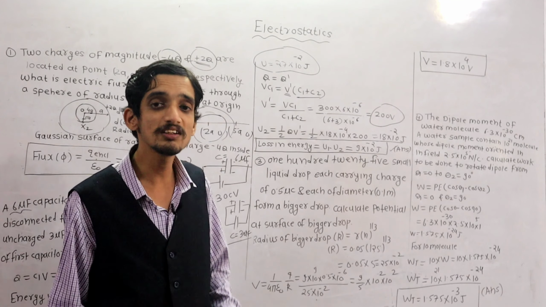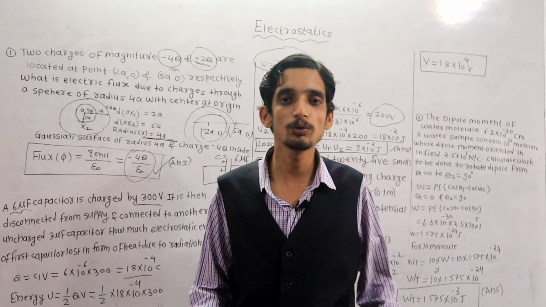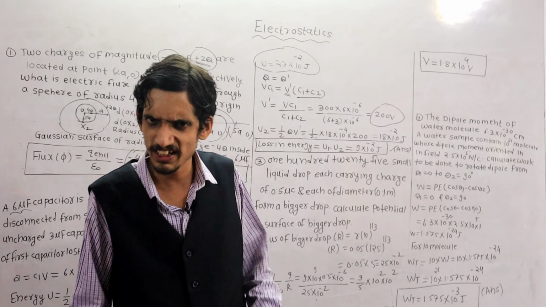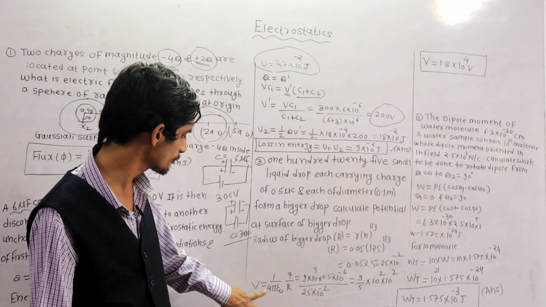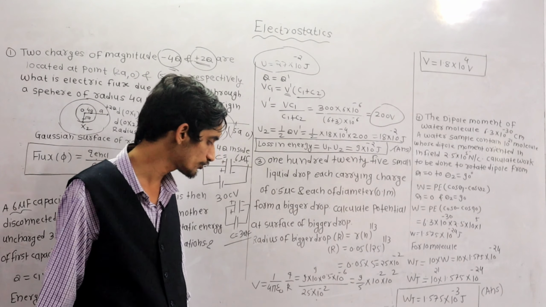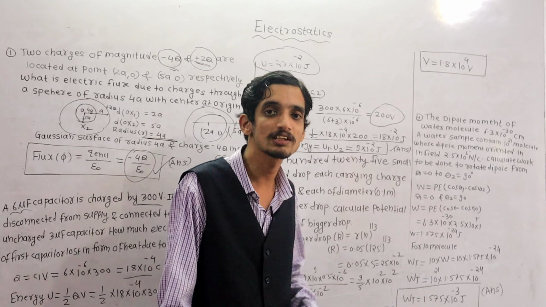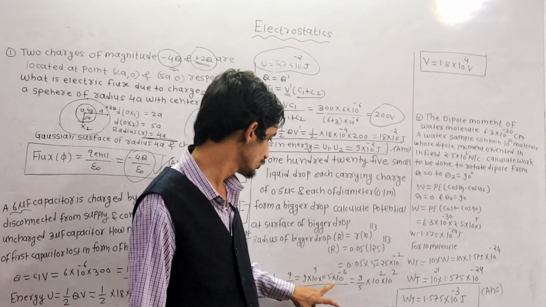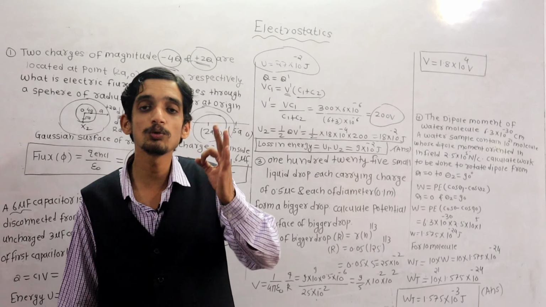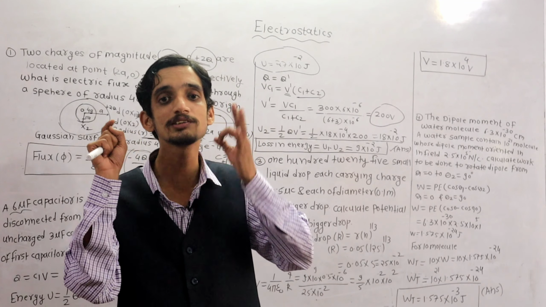Now we have obtained the radius of the big drop. We know the charge on that particular drop. We can easily calculate the potential using the formula, because that drop is a point charge. So V is equal to 1 upon 4 pi epsilon naught times Q by R. 1 upon 4 pi epsilon naught is 9 into 10 raised to 9, into charge 0.5 into 10 raised to minus 6, upon 25 into 10 raised to minus 2.